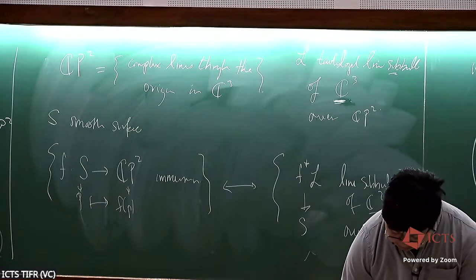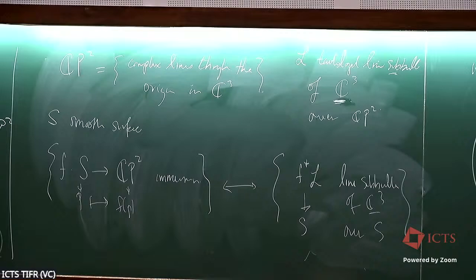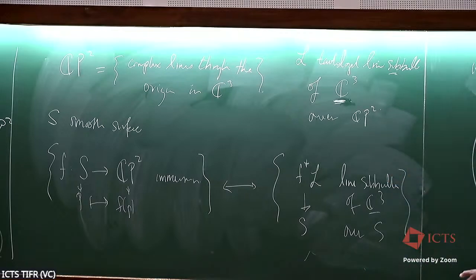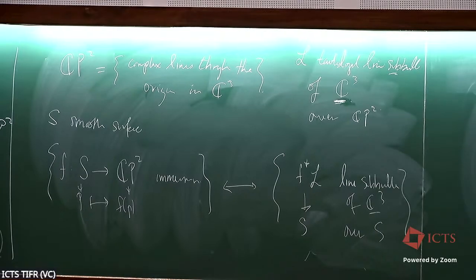Now we just add more and more conditions. So I still have a smooth surface. Now let's upgrade our surface. Not just a smooth surface, let's choose a Riemann surface structure.